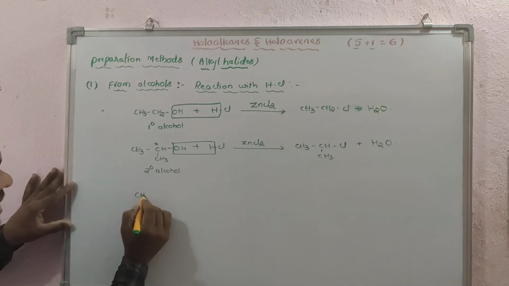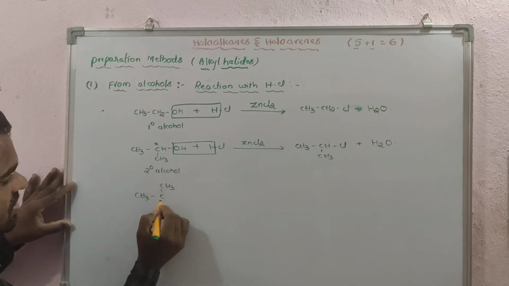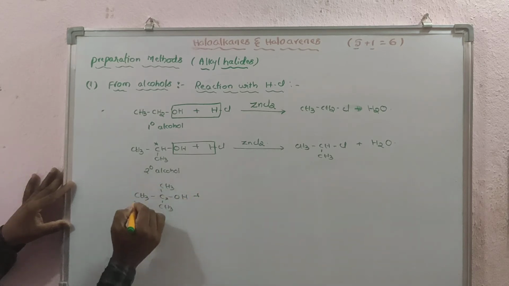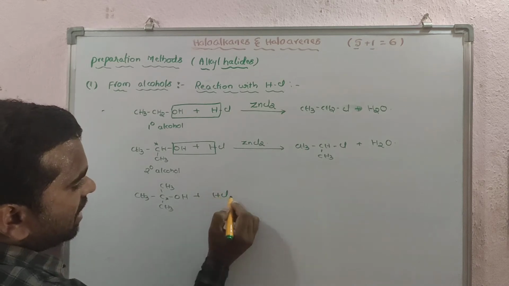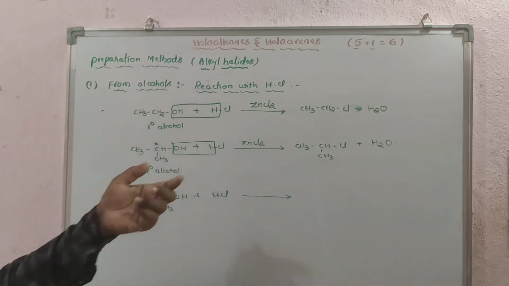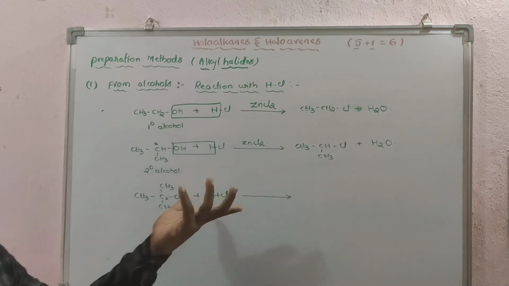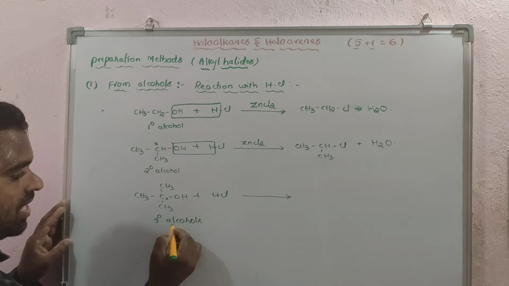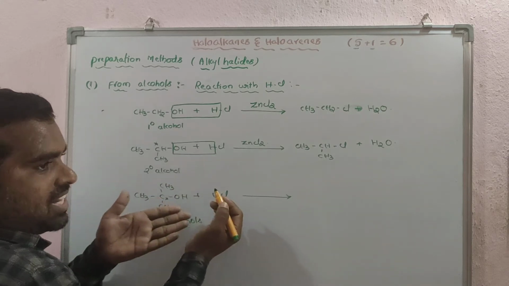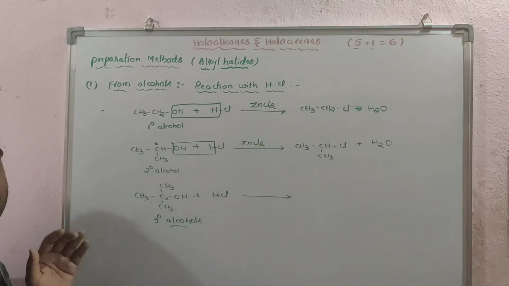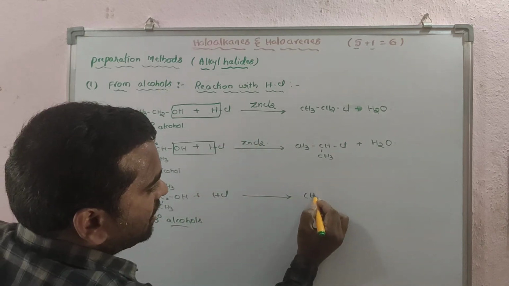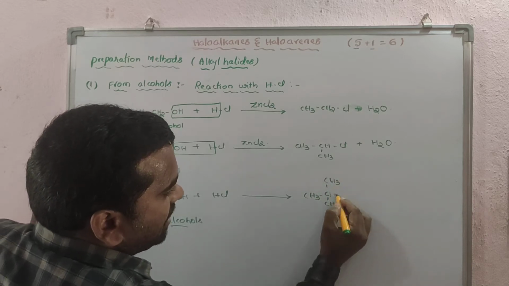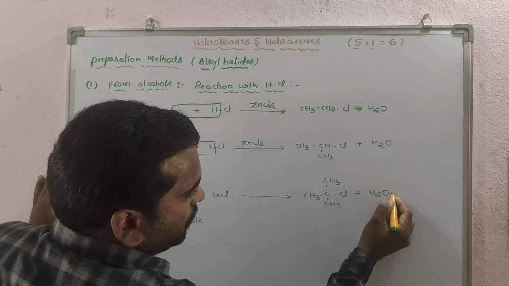Then if I take the tertiary, (CH3)3COH, you know it is tertiary because this carbon is attached to 3 carbons, with HCl. For this reaction, we need not use a catalyst, that is zinc chloride. Why? Because tertiary alcohols are more reactive, so they are involved in the reaction very fast. You will get the tertiary alkyl halide plus H2O.